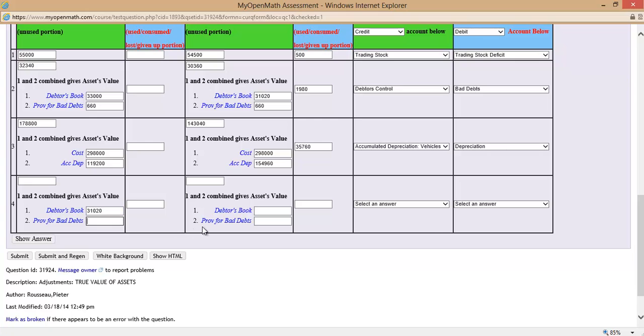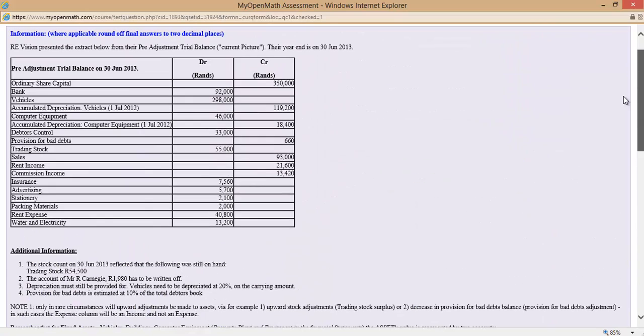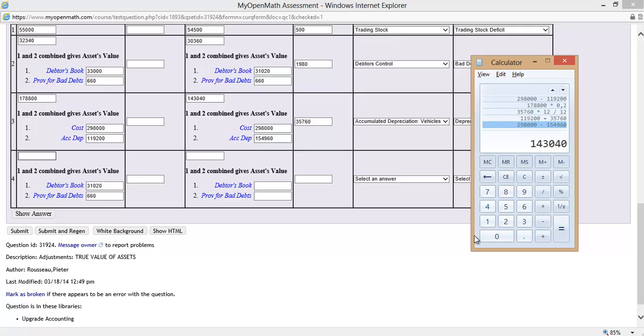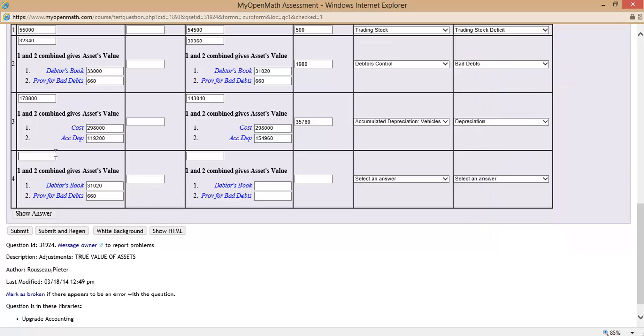My provision for bad debts account before the adjustment is 660. The positive account minus the negative account is going to be 31,020 minus 660, and that is 30,360. That's before the adjustment.